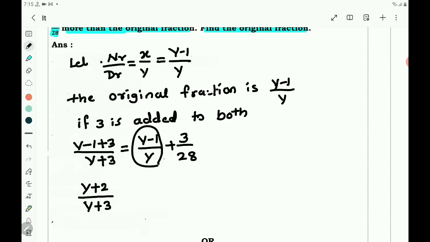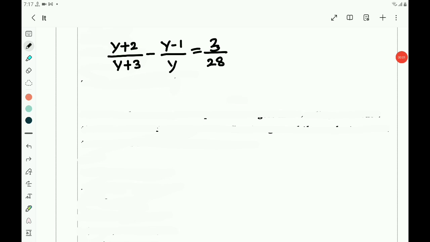Transfer this y minus 1 by y to the LHS, that is minus y minus 1 by y, equals 3 by 28. Then take the LCM here. What is the LCM of y plus 3 and y? The product of those two becomes the LCM.